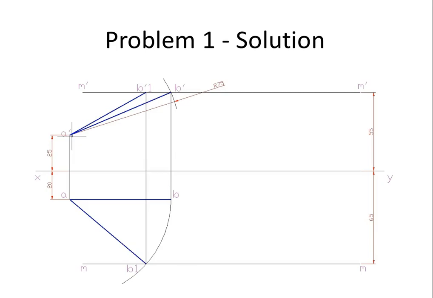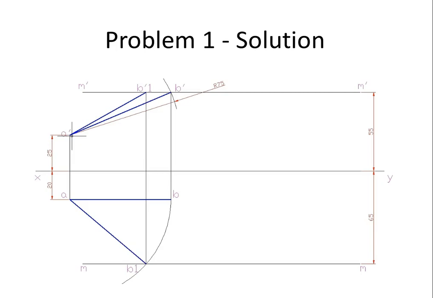So here two things we have to consider. One is that the length AB is not going to change. The reason being the inclination with HP is not at all changing. We are only tilting the line with respect to VP, keeping the inclination with HP intact. So that's the reason why we are able to rotate that arc AB directly so that it cuts the locus MM.